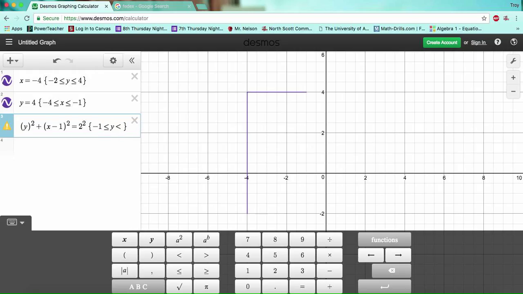I want to be able to see until 0. Sorry, that's what I want to cut off. So actually I want to go from 0 when y is greater than 0. And then I also want to make another one to say when y is less than or equal to negative 1. And it won't let me do that. So instead, I'm going to have to create this equation again.